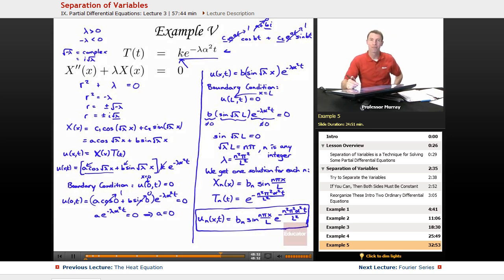So that was quite a mouthful. Let me go back and recap where everything came from. We had to solve these two ordinary differential equations for t of t and x of x. So we solved t of t on the previous slide, and we figured out that it was a constant times e to the negative lambda alpha squared t.